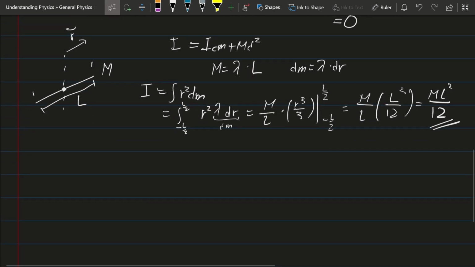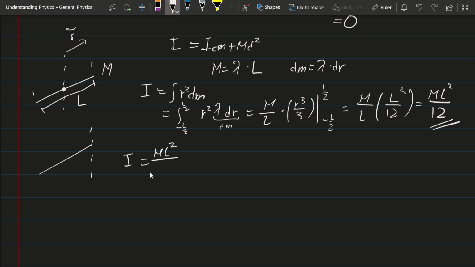So what if we ask the question, what if we spin it on the end? Well, the easy way for us to do this is by using the parallel axis theorem. So we know the moment of inertia from the center of mass, which is ML squared over 12.